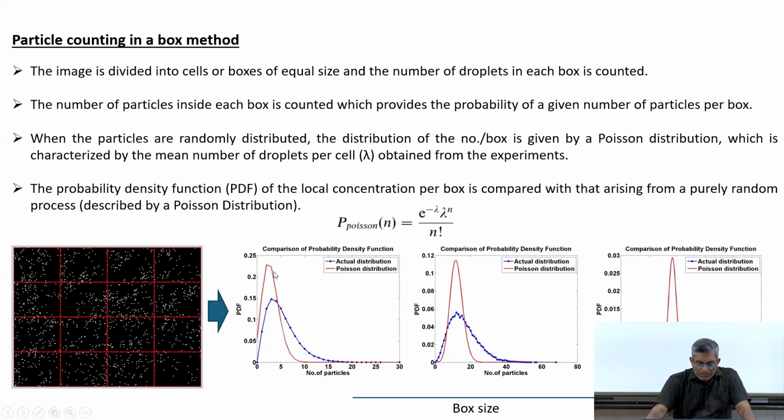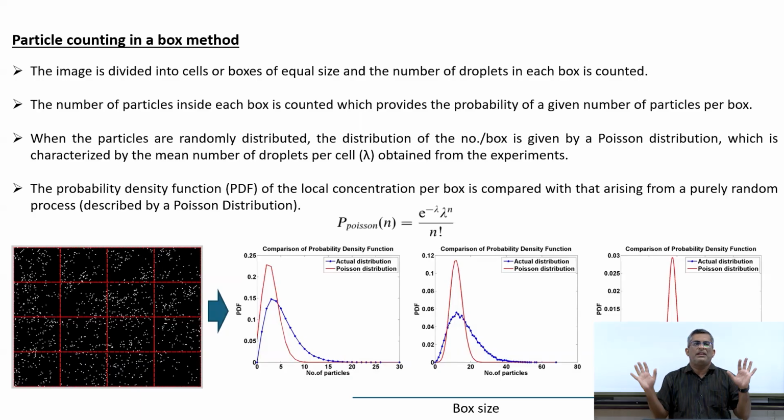So, this is the Poisson distribution, and this is the actual distribution. So, you see that they are differing. If your particles are randomly distributed, for example, you do the same analysis for tracer particles.